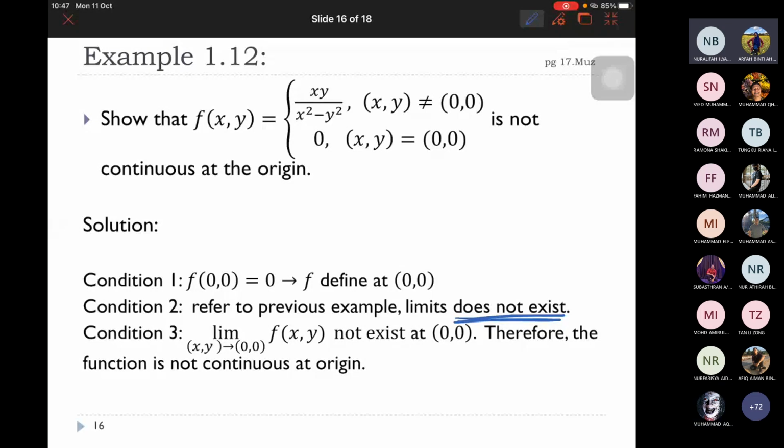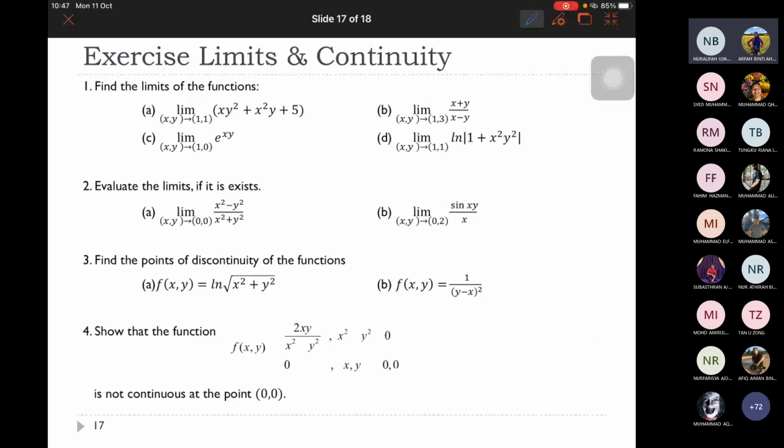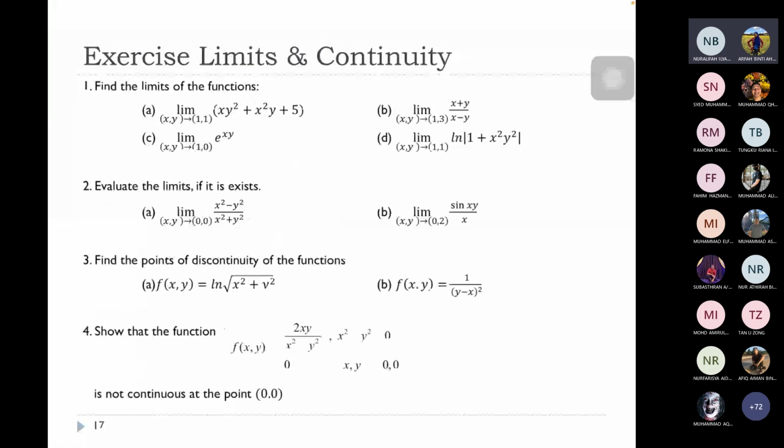Okay, so ni exercise. Banyaklah pula exercise ni. Okay, cuba kita tengok, saya ada solution semua letak ni. Cuba kita tengok nombor 1.